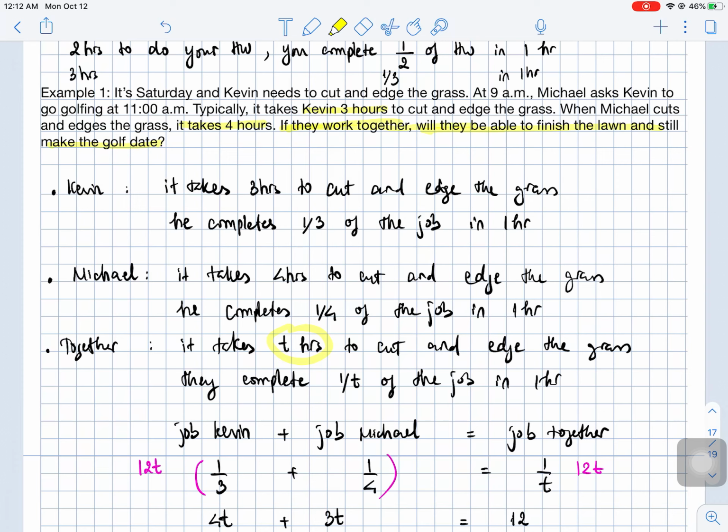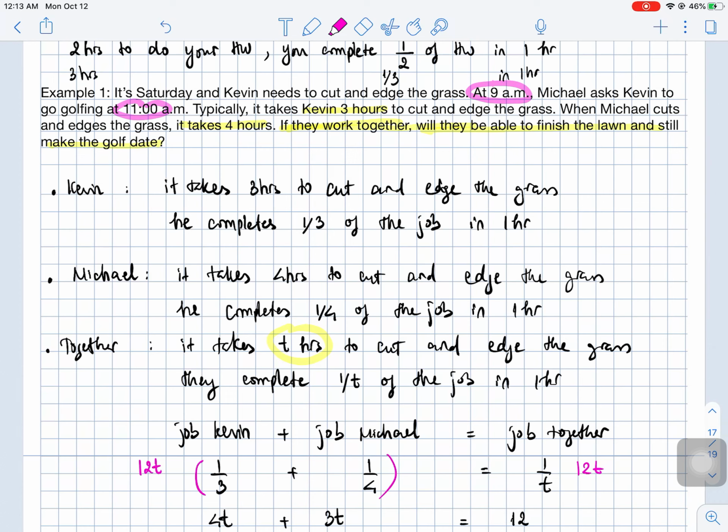Now we answer the question. If they work together, will they be able to finish the lawn and still make the golf date? We know that if they work together, it will take them less than 2 hours to finish. Looking at the given information, at 9 a.m., Michael asked Kevin to go golfing at 11.